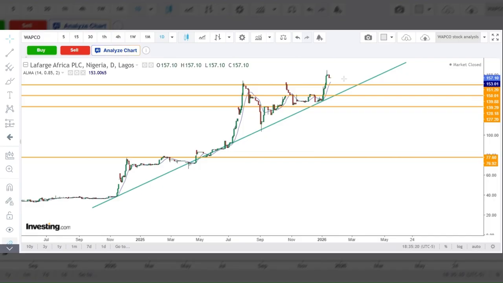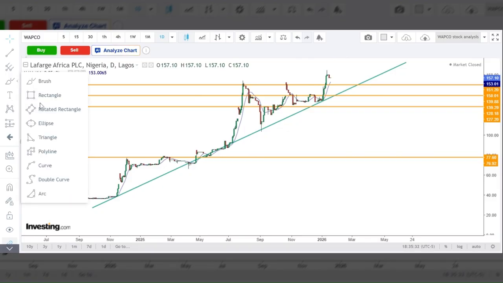Okay, so possible signal places. Let me draw it. I'll put the possible signal place now.